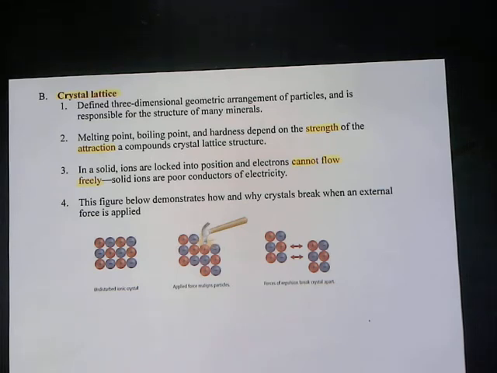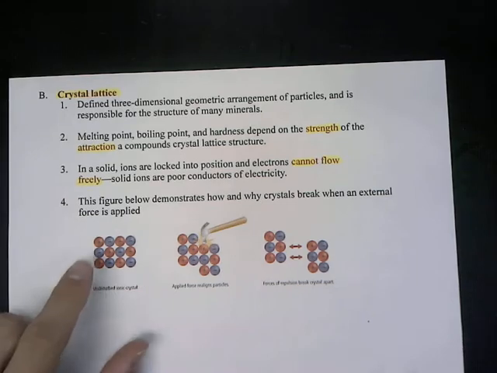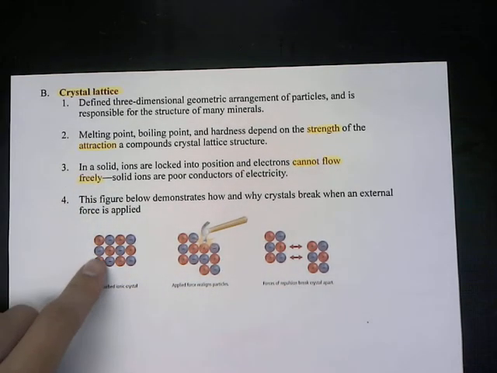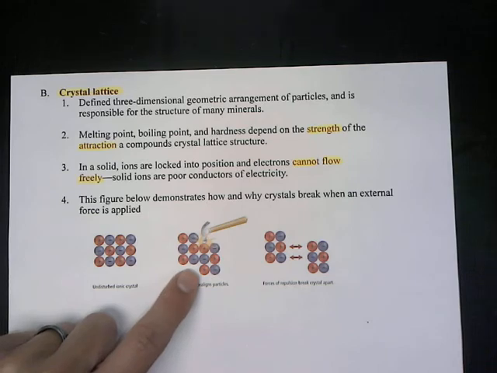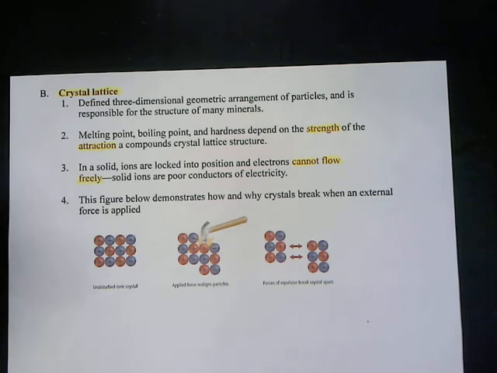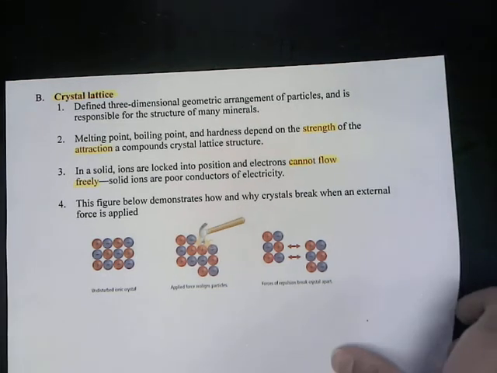The other thing to think about is that when we have an ionic solid in this crystal lattice form, it's very hard for electrons to flow. So if you ever take a block of salt and bust it with a hammer, it's going to shatter into a lot of pieces, and that's because electrons cannot flow freely.